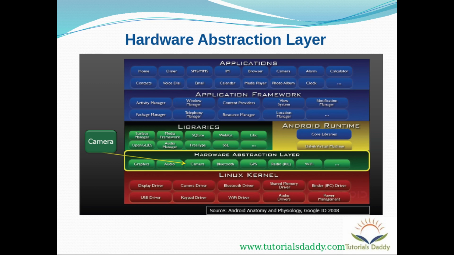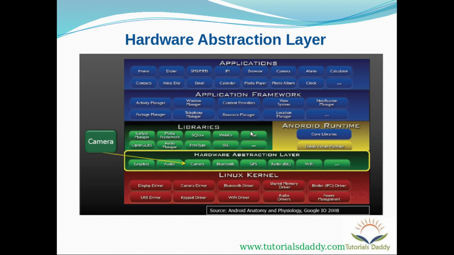And also, all these user space layers are totally independent of the hardware. So what does it mean? It means these applications can run on multiple platforms or hardwares. Let's say you are using WhatsApp.